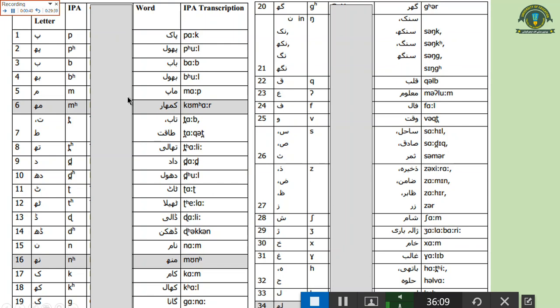We will look at some of the different sounds which are not present in English, like bh. Bh is not present in English, and p is not either. English speakers generally say park or pat with aspiration. So we have p as a different phoneme in Urdu, this first one, and then this fourth phoneme is different, bh as in bhool.